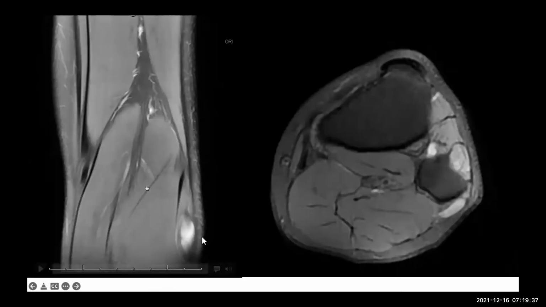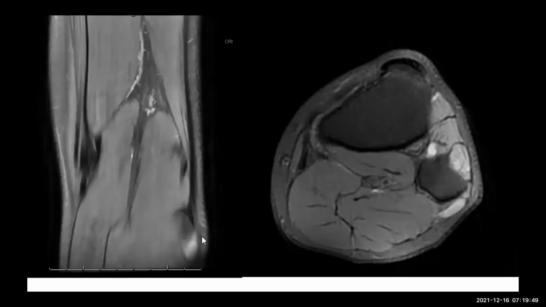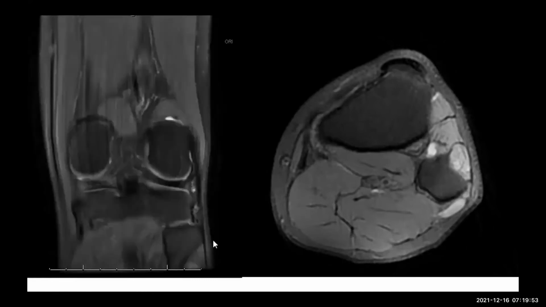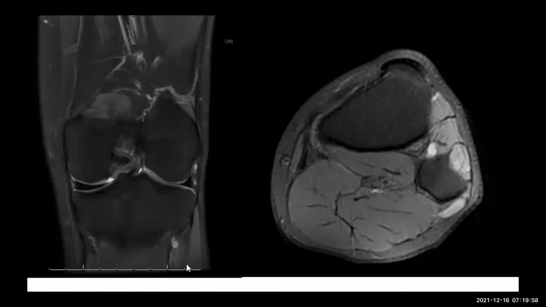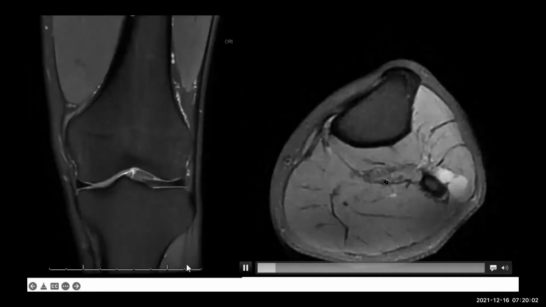So this is his MRI. It's a little tricky. I'm trying to give you a clue with my arrow here. You kind of already know where we're going to look, but I'll tell you, this is a T2 MRI of the leg.